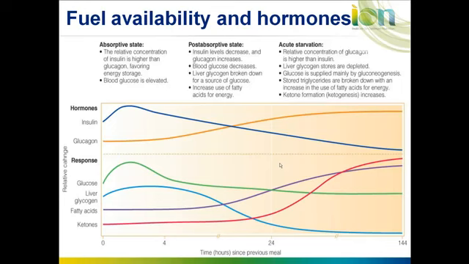So we're storing away glycogen. Whereas the mobilization of fatty acids in the adipose tissue is not stimulated, that purple line. And there's also minimal ketone production in the liver during this fed state. So that's after we've eaten a meal, those first 4, 5, 6 hours after a meal.